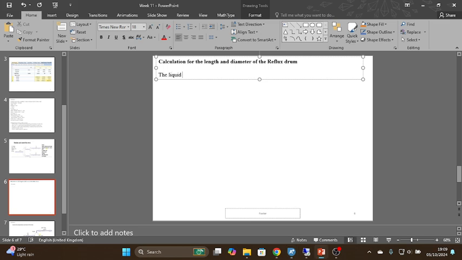The liquid flow rate from the reflux drum is 0.003 meter cube per minute.